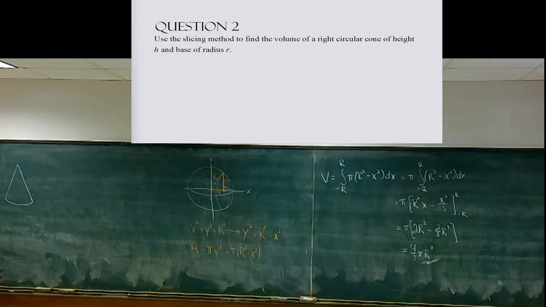So like an upside down ice cream cone. It has a height h, and the radius of the base is little r. Cross section is again circular.